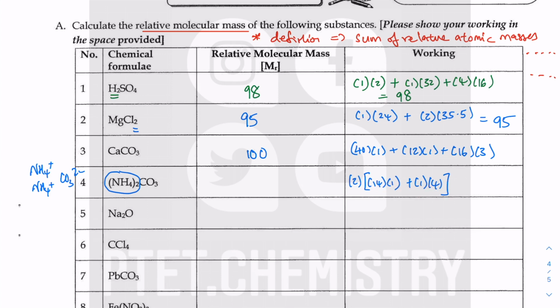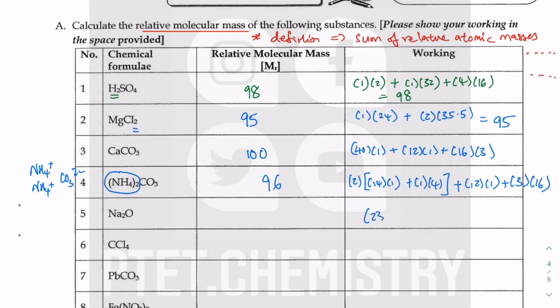This is inside that bracket, multiplied by 2 outside the bracket. Do this on the calculator first, then multiply by 2. Then I have to add the carbonate: 12 times 1 for carbon, and 3 times 16 for the oxygen. So 14 times 1 plus 4 times 1, I get 18. 18 times 2 is 36, plus 12 times 1 plus 16 times 3, I get 96.